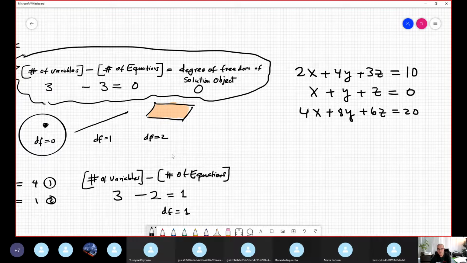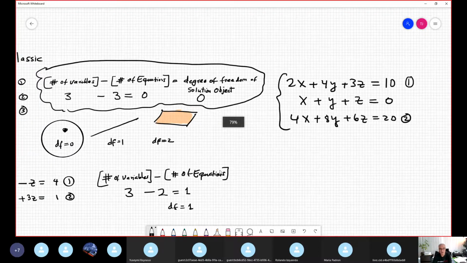Do you see that equation 1 and equation 3 are dependent? Because the only thing I did was multiply by 2. So this is dependent, and the substitution here is the linearly independent equation.